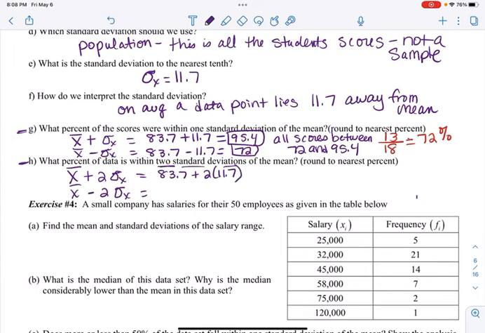So 83.7 plus 2 times 11.7 is 107.1. And 83.7 minus 2 times 11.7, that's 60.3. So I want all the scores that are between 60.3 and 107.1.